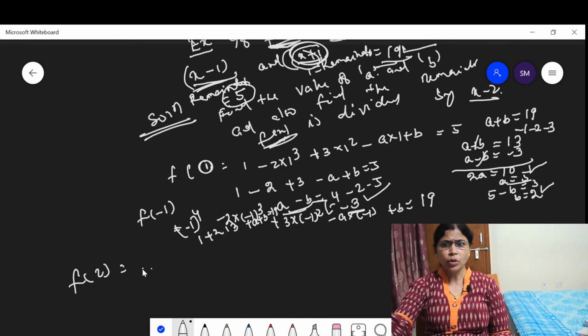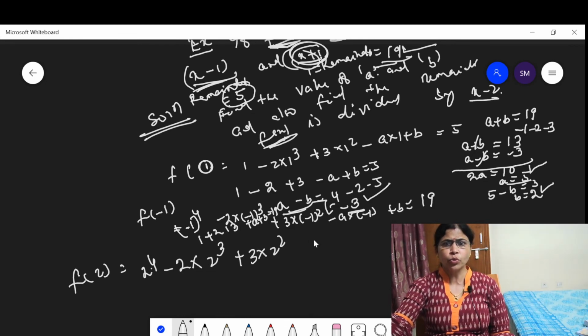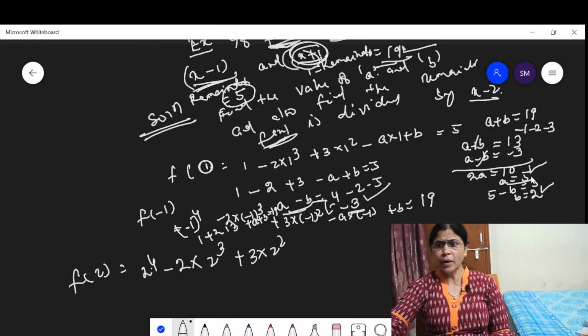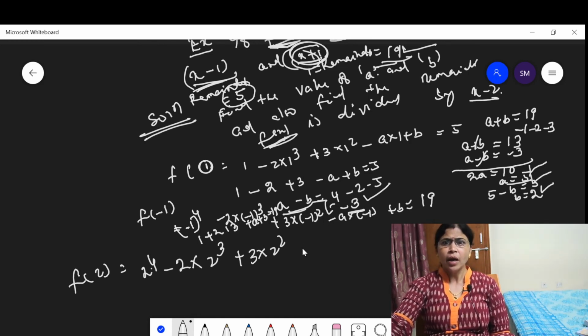2 to the fourth minus 2 into 2 cube plus 3 into 2 square, and a we can find the value of a is 5, minus 5 into 2 plus 2.